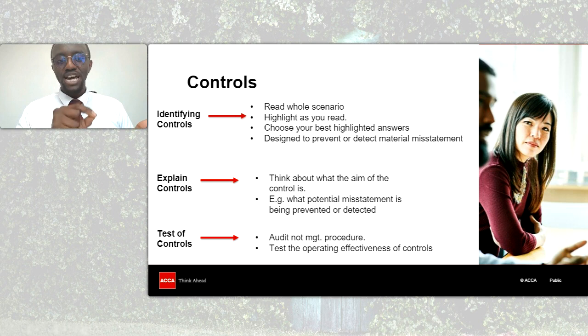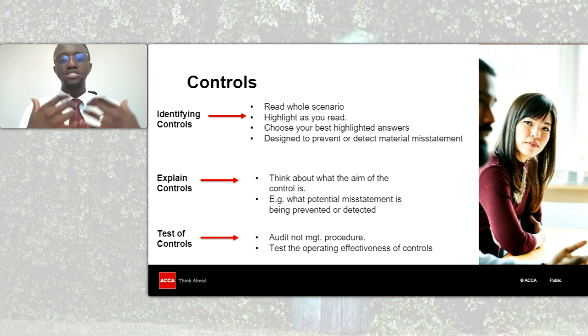You are inspecting the diary to identify whether you can find my signature every single day to verify that I actually check the homework. Because that control is: after I check the homework, sign. The parents should sign. So what do my auditors do? You obtain the diary and you inspect the diary to see whether I actually sign the homework or not.